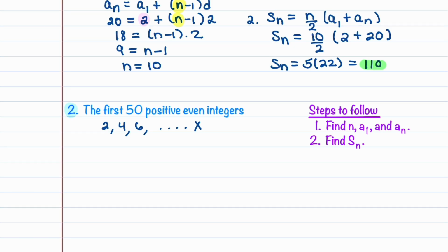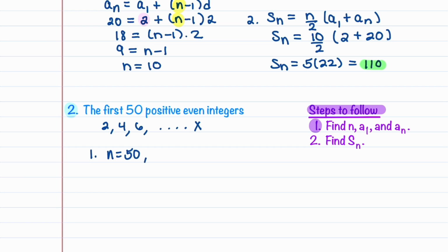Let's go over here and look at our steps. Our first step is to find n, a1, and an. So let's see what we've been given. We know that n is equal to 50 because we want to find the first 50 positive even integers.